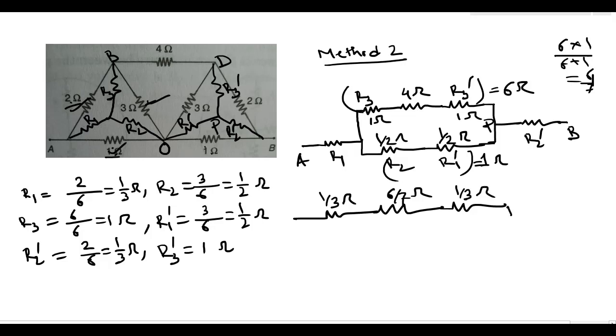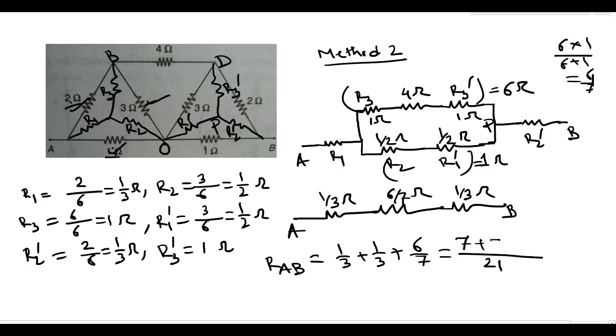This point is B and this point is A. So the equivalent of this is RAB equal to 1 by 3 plus 1 by 3 plus 6 by 7, the LCM is 21. So this is equal to 7 plus 7 plus 18. This is equal to 32 by 21 ohm. So the equivalent resistance between A and B is 32 by 21 ohm. So we have shown two different methods to solve this problem.